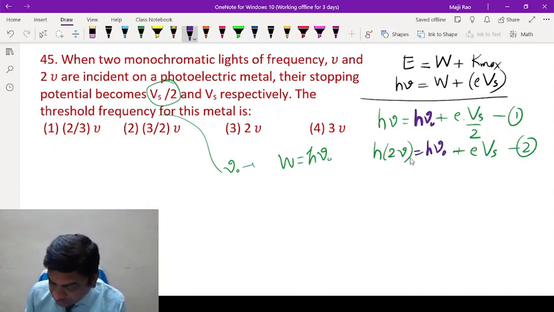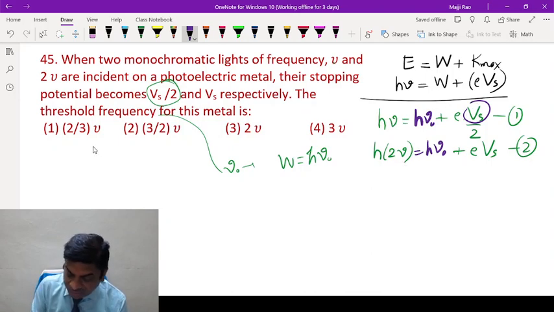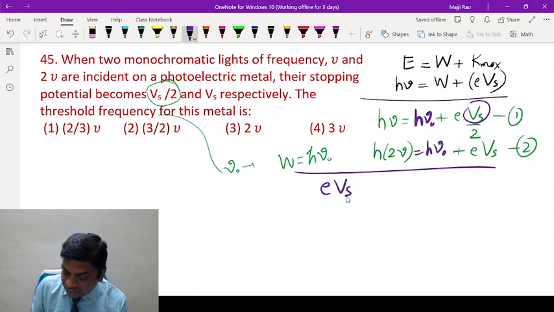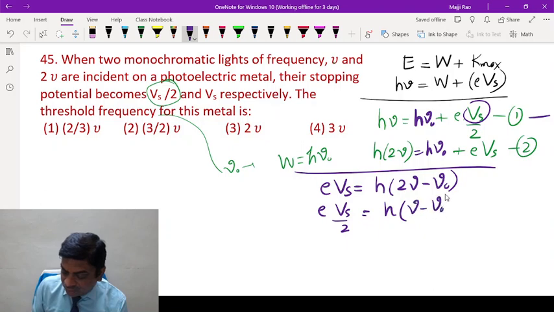So for that, we have to eliminate Vs here because the options are in terms of nu. So from equation 2, I can write eVs is equal to h into 2 nu minus nu naught, whereas from equation 1, I can write e into Vs by 2 is equal to h into nu minus nu naught.